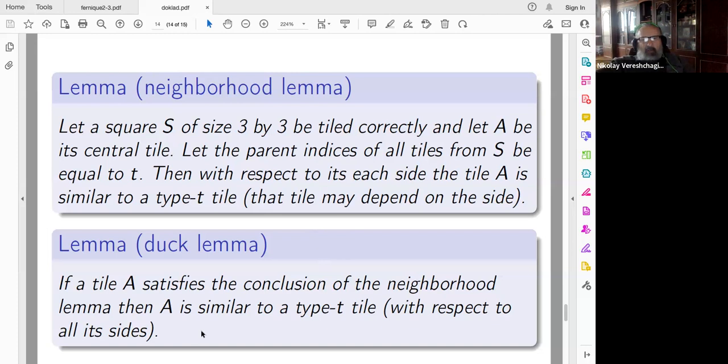And the composition of these lemmas yields the desired property. So our central tile is surrounded by tiles with potential index T, and hence it's similar to a type T tile with respect to all sides, and that's what we want to prove.